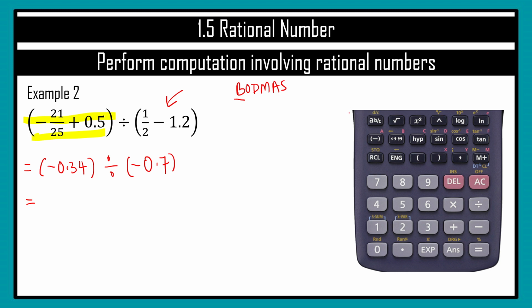Just like what you have learned previously, press the button shift and then press this fraction button. It should give you 17 over 35, which is easier to write compared to the answer in decimals.